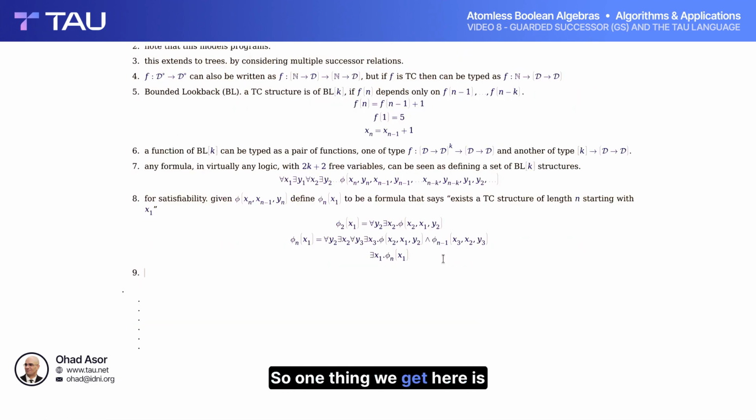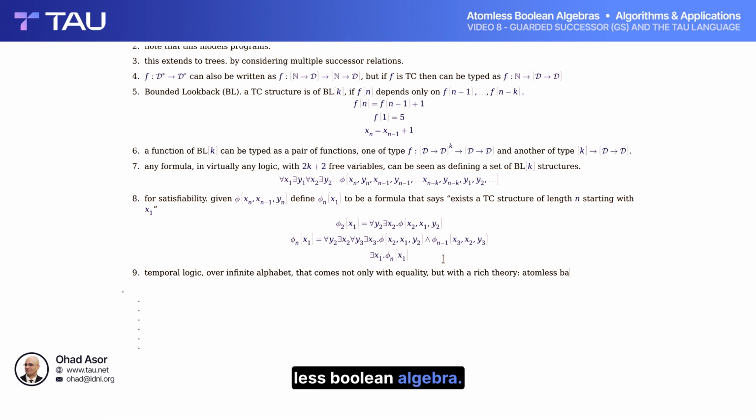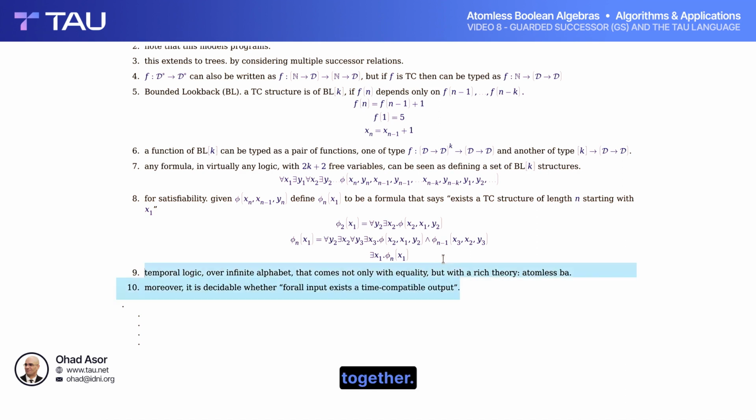So one thing we get here is temporal logic over infinite alphabet that comes not only with equality, but with a relatively rich theory of atomless Boolean algebra. Moreover, it is decidable whether for all input there exists a time-compatible output. And these two properties together, I'm not aware of other temporal logic that allows you to do so.